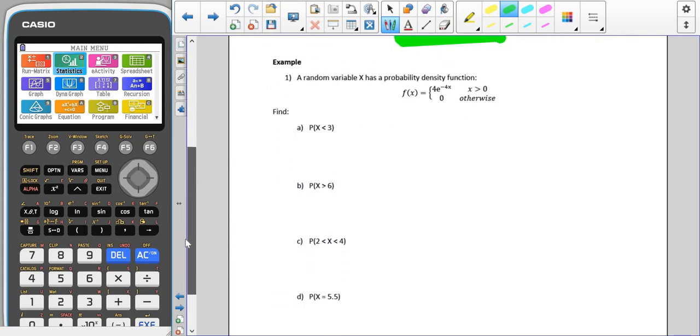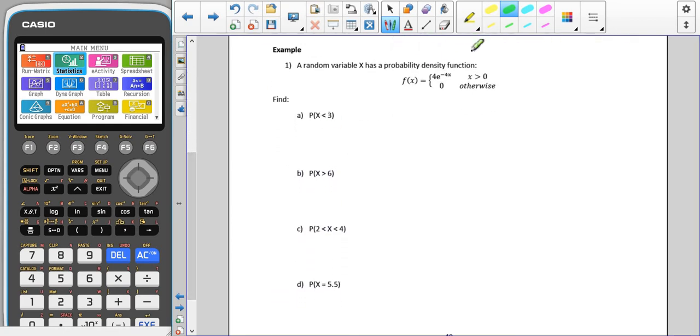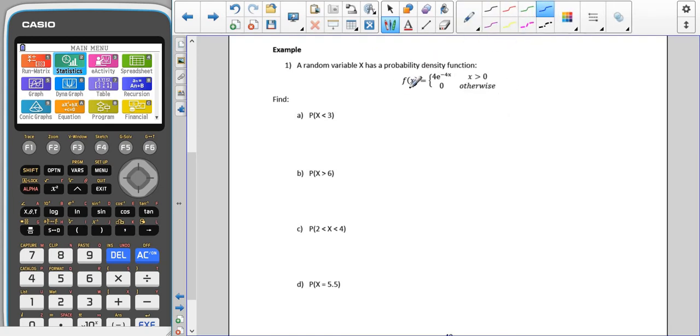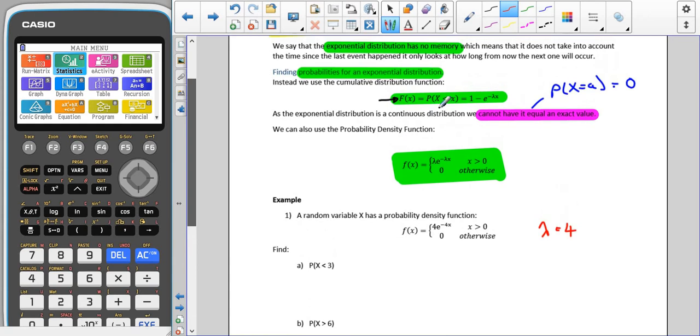So we're going to have a look through some examples. Here you can see that we have been given the probability density function. From this, I can pick out straight away that lambda is equal to 4, picking it out from this, bearing in mind that it has been written in this form.